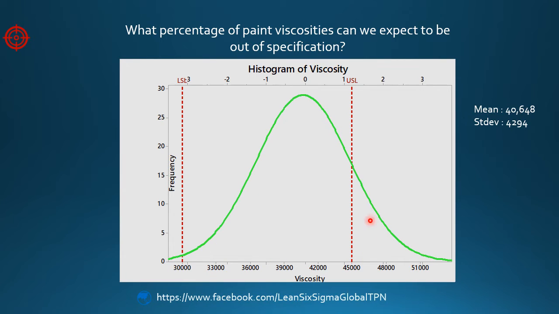The shaded area above and below the specification limits shows us the percentage of paint viscosities that we can expect to be out of specification.